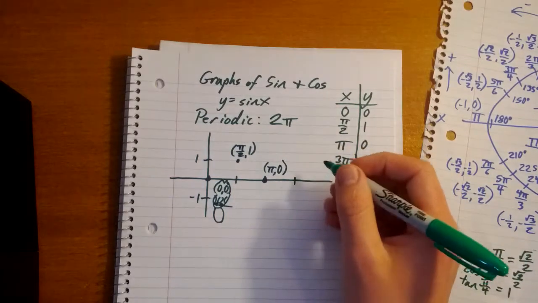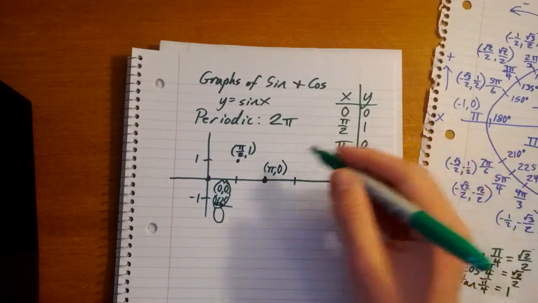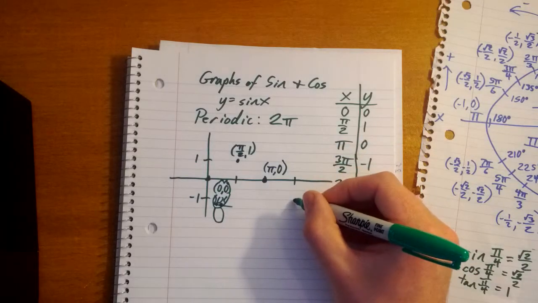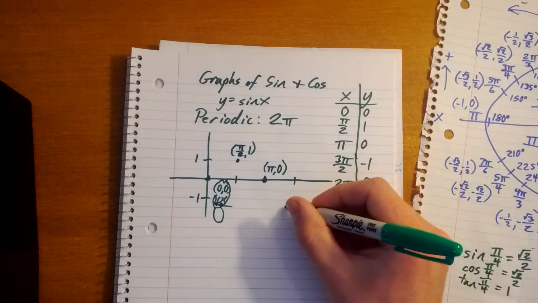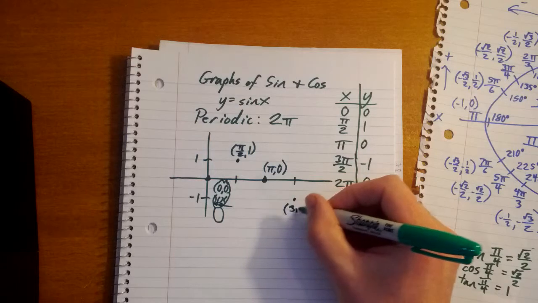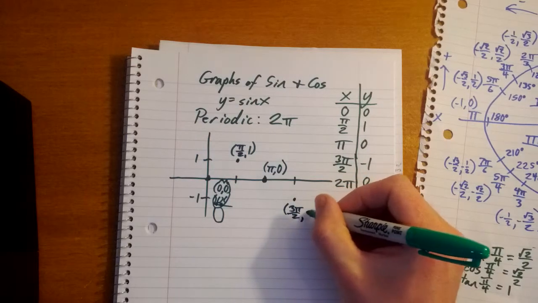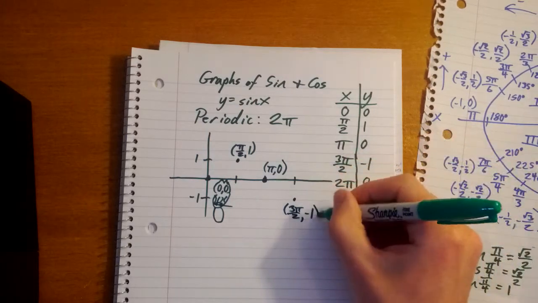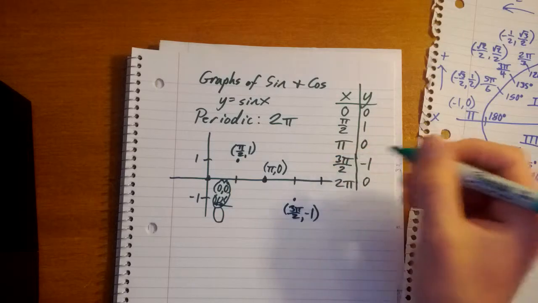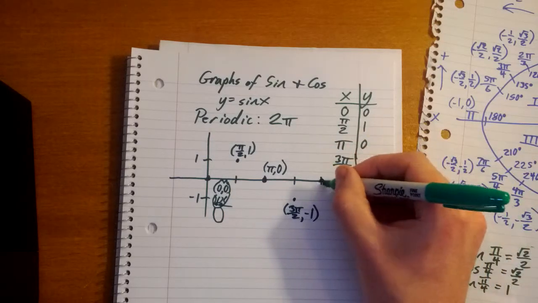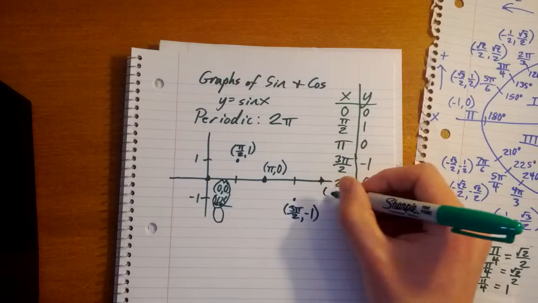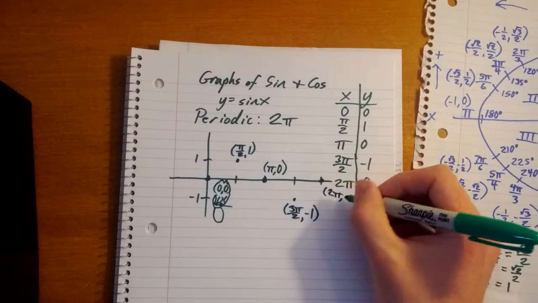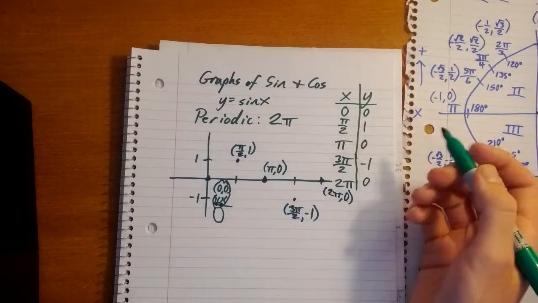Go out one more, that's 3 pi over 2, -1. And finally, 2 pi, 0.